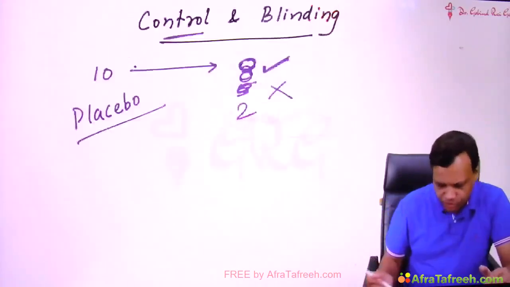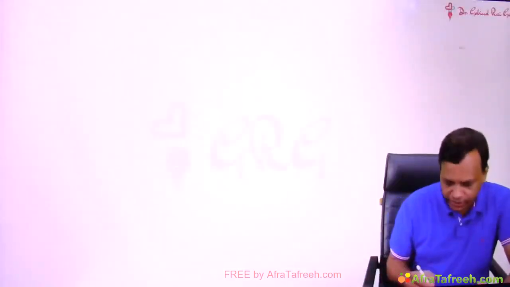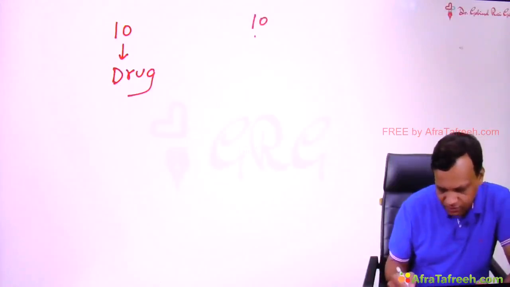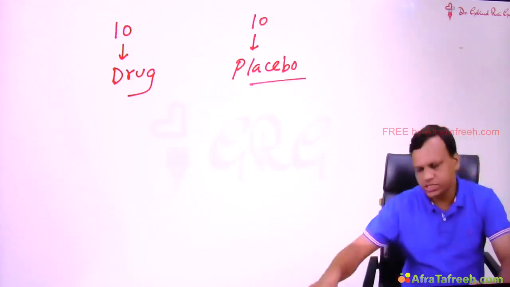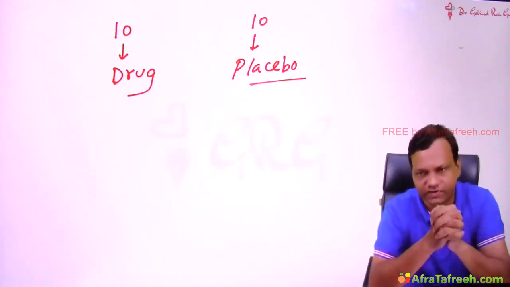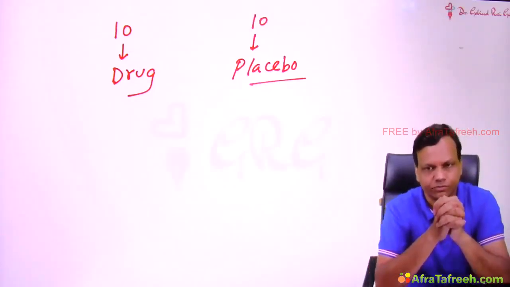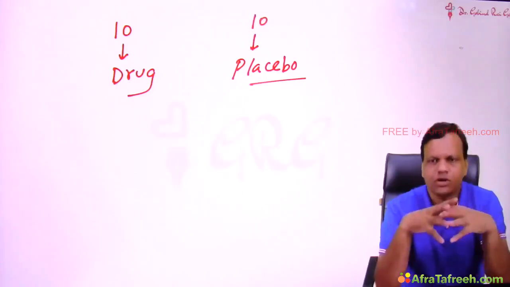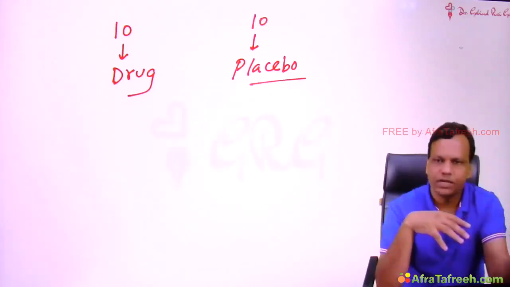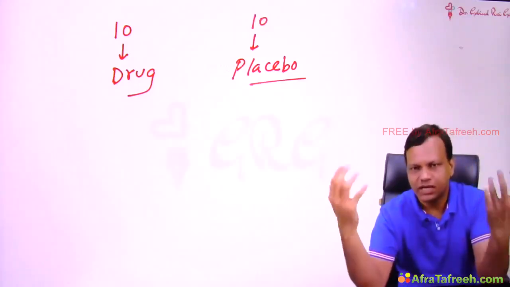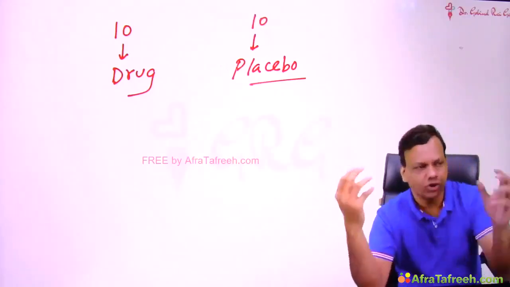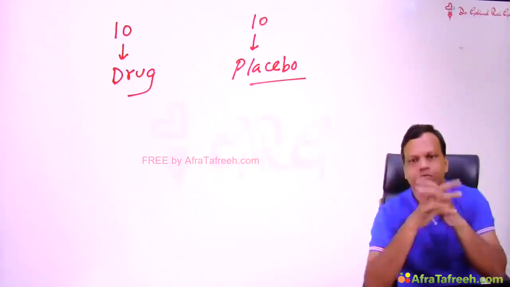So what we do is, we take 20 patients. To 10 patients we give the new drug, and to 10 patients we give something similar in everything to the drug except that it does not contain the active ingredient, that means placebo. Now the important thing is, we should not tell every person whether they are getting the drug or the placebo.